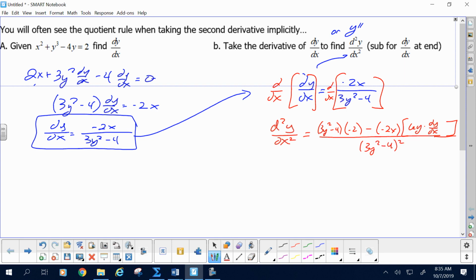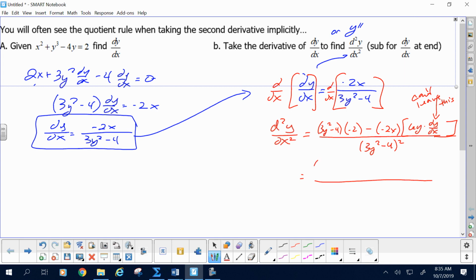Now, all that's great, but we don't typically leave this here. Can't leave this. So we need to put something in its place that's x and y-ish. So what do we put in its place? dy/dx.